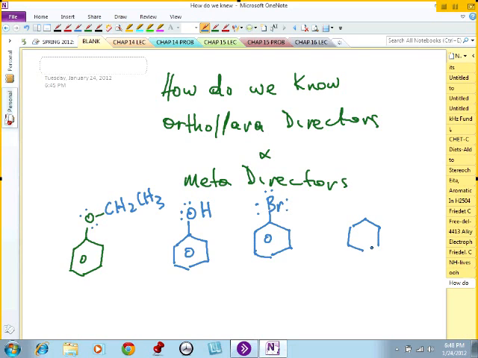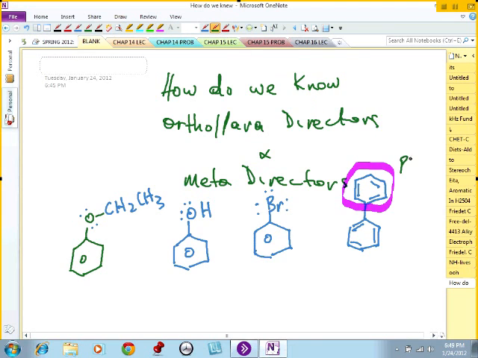Now, let us continue that trend. If you also have a group, say in the case of the phenyl group, what we call the phenyl group, it is an ortho-para director because you have conjugation with the ring system.